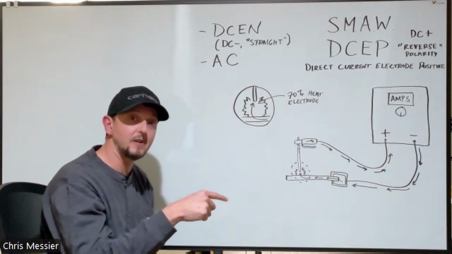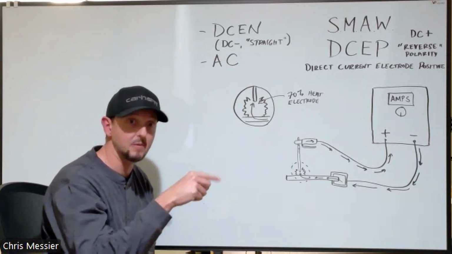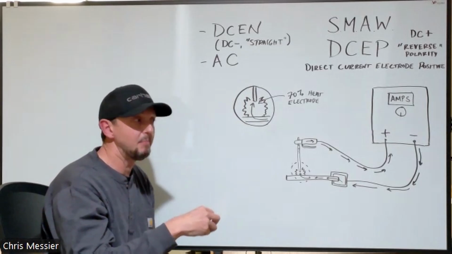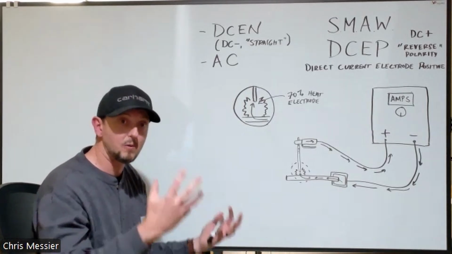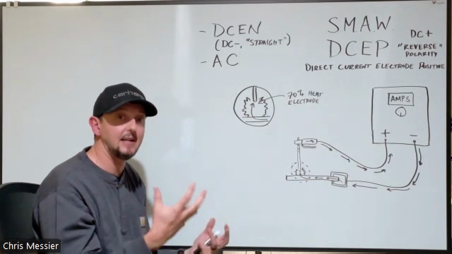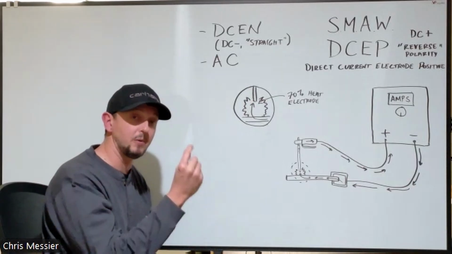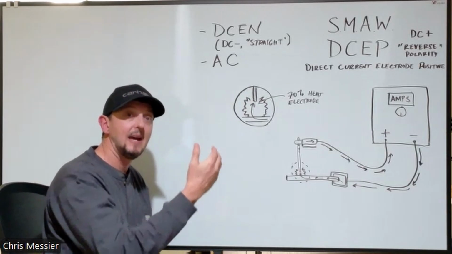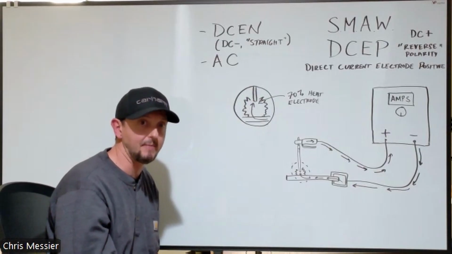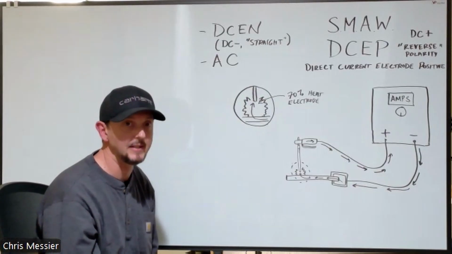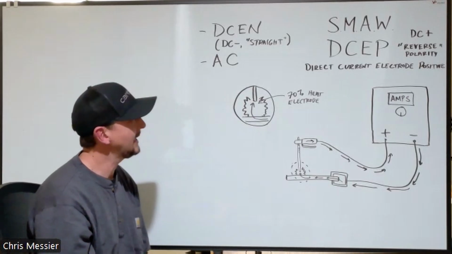It's also going to get harder to control because it starts to wander around and get really erratic. It's going to get much hotter and more erratic, it's going to create undercut, and it's just going to be harder to control. So we want to try to keep that consistent as that electrode is burning away, right? Some of you may have already experienced this.